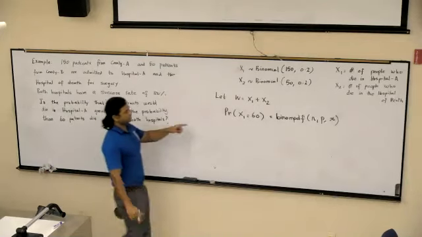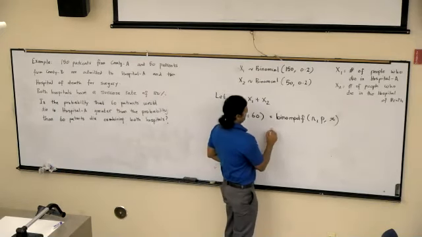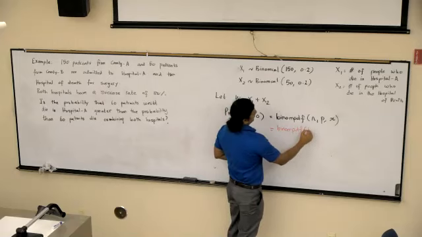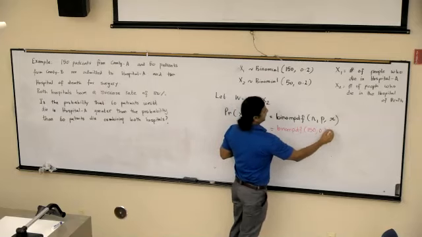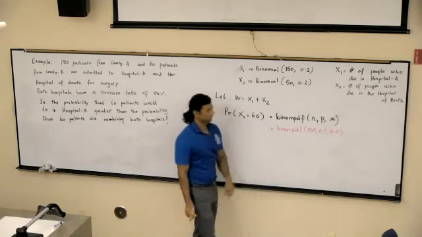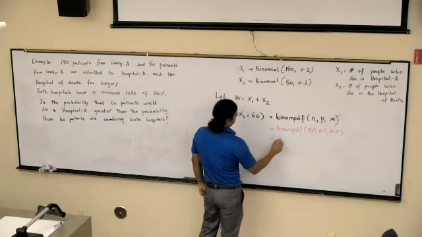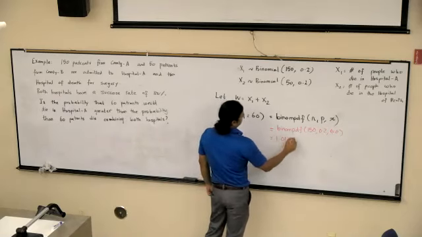N is 150, p is 0.2, X is 60. And what is that? 1.0108 times ten to the minus something.